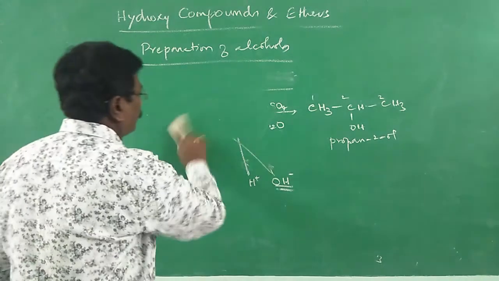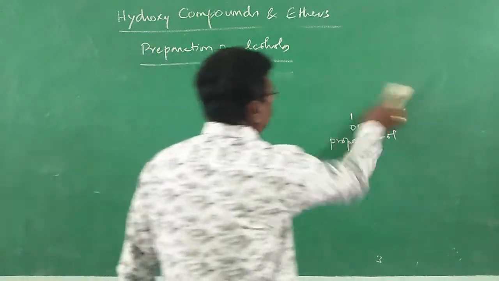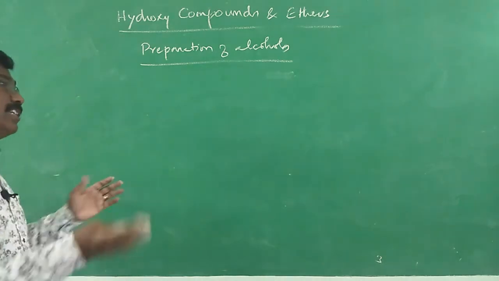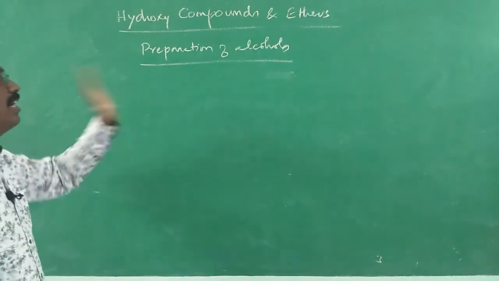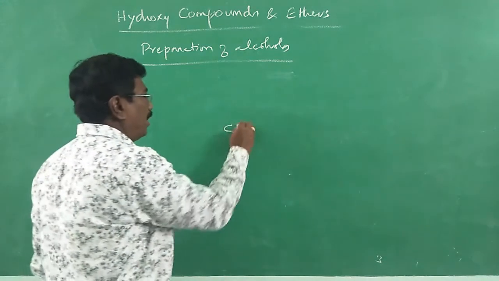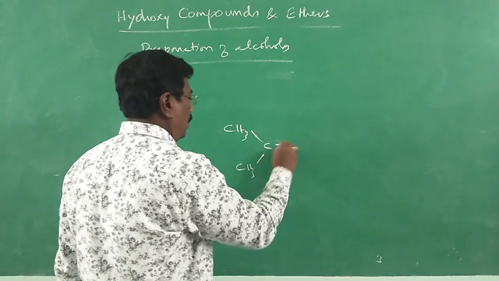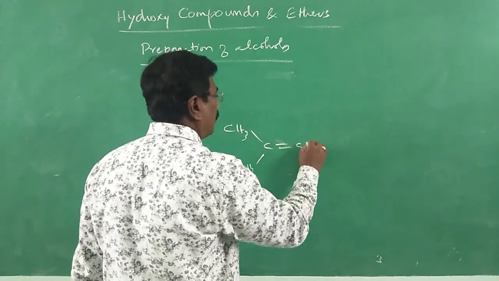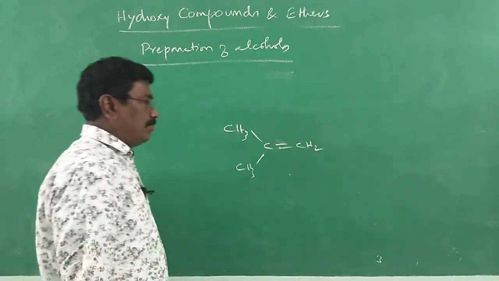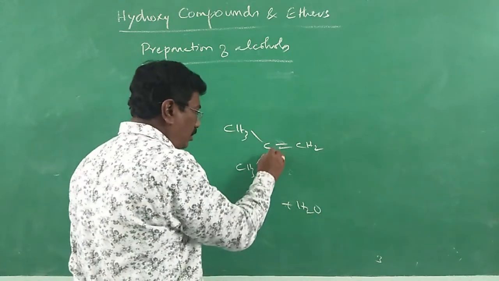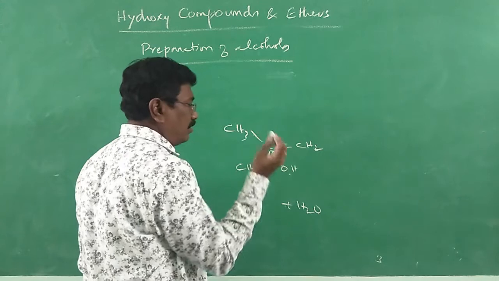Third one, the mechanism we are not discussing, it's not needed now. But most of the reactions will have a mechanism. Concept understanding is needed. Whatever the compound may be, I can give you a compound like this. Here, during addition of water, what I want to add, here OH, you should remember, goes to the more branched carbon, here hydrogen.